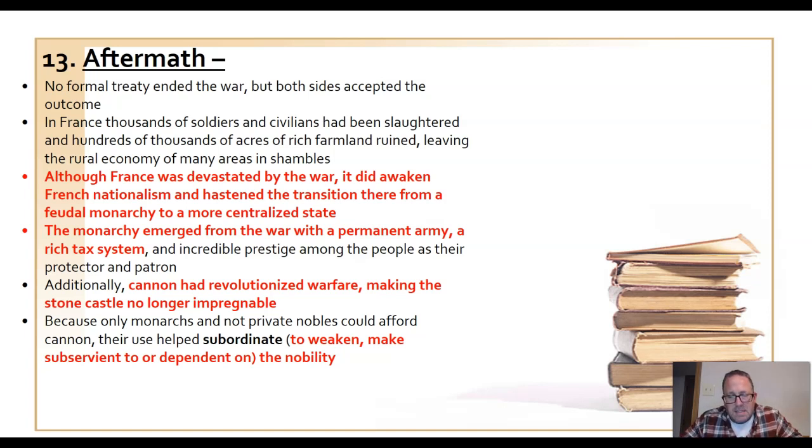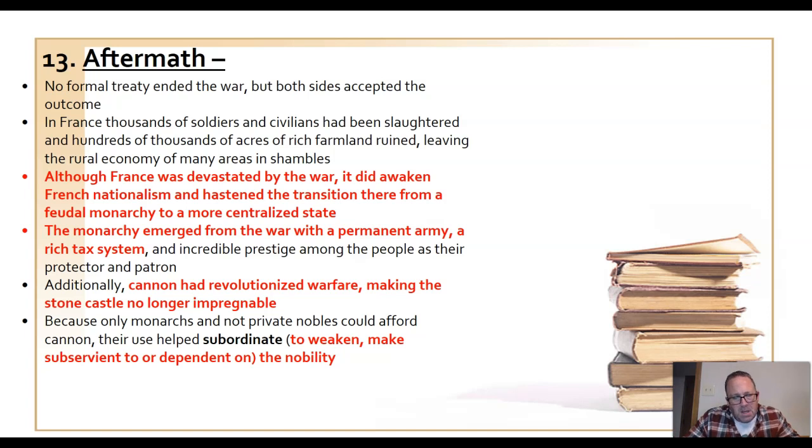Because one of the reasons why they had so much trouble defeating the English was because the king did not have true sovereignty, meaning power, over his country. And he was too heavily reliant upon his dukes and his nobles and things like that, like the Burgundians who abandoned him in his hour of need.